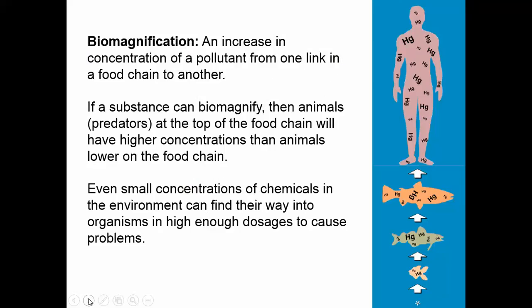So again, we were talking about bioaccumulation and biomagnification. Biomagnification is an increase in concentration of a pollutant from one link in the food chain to another. So as we can see, small amounts of mercury here at the bottom where these zooplankton and phytoplankton are, and it continues to grow, grow, grow, grow, grow. If we are eating fish that have high levels of mercury, we in turn are going to have high levels of mercury inside our bodies.